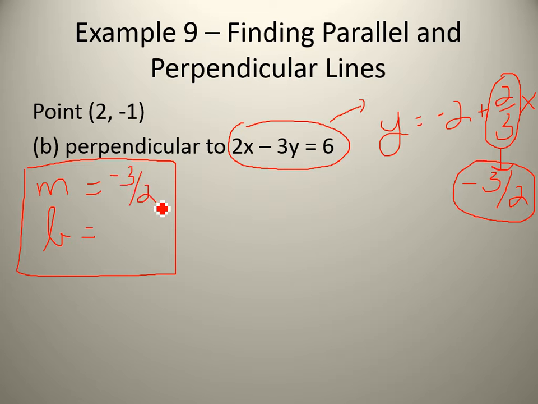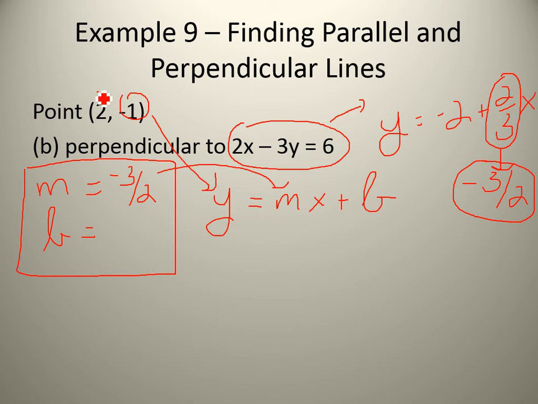Now I just want to find what the value of the y-intercept is. So once again, I'm coming back to this, y equals mx plus b. And I'm going to substitute in a -3/2 for m. I'm going to put a -1 in for y. I'm going to put a +2 in for x. And when I do that, here's what it looks like.